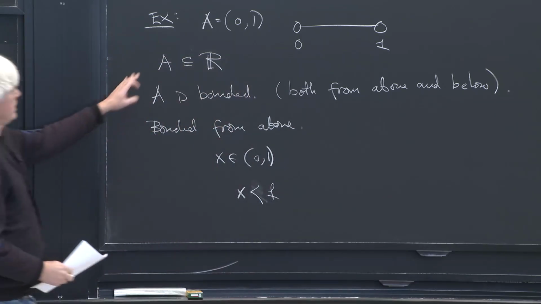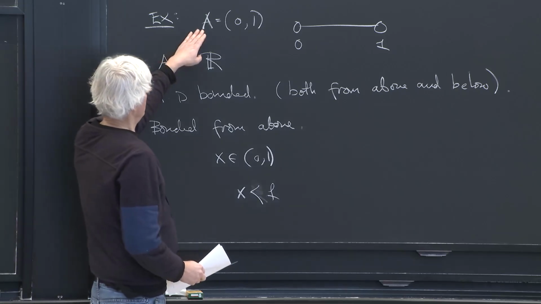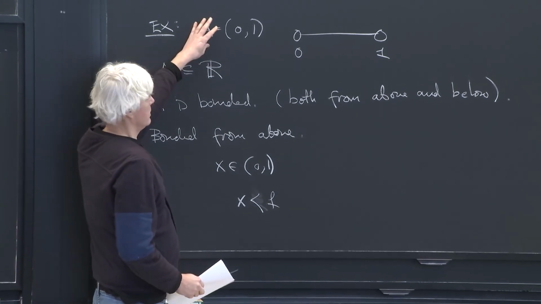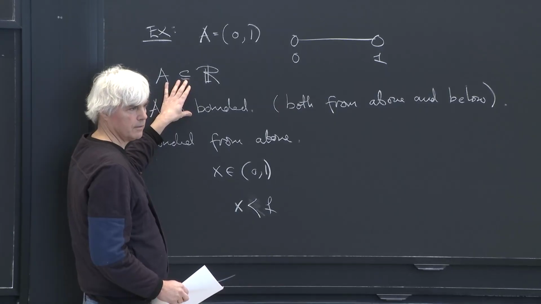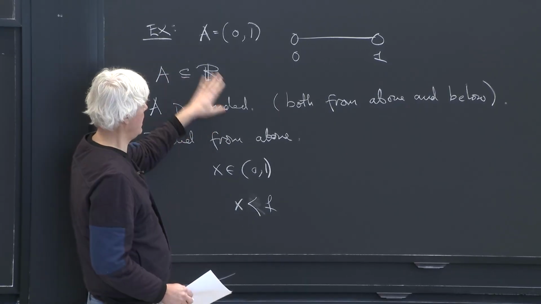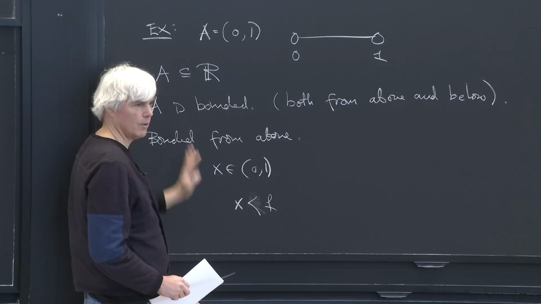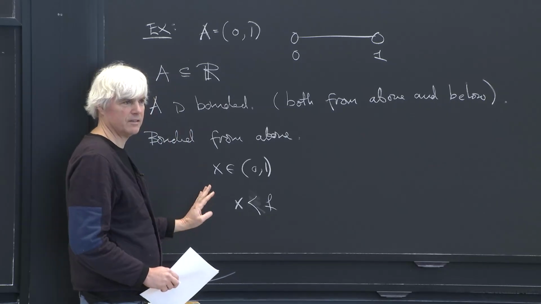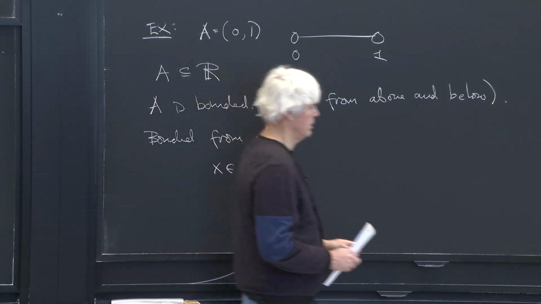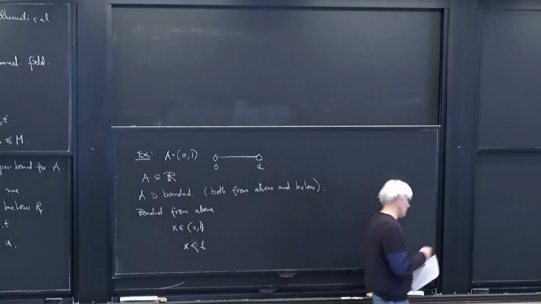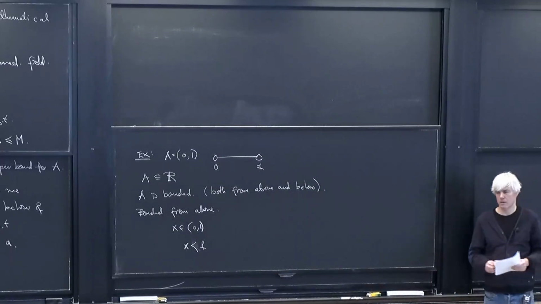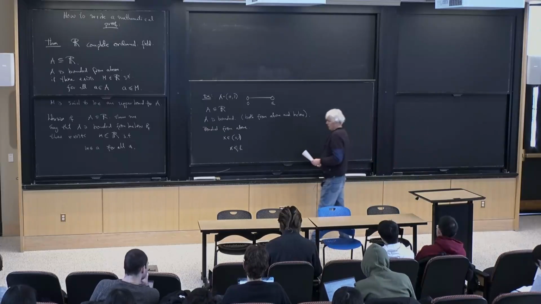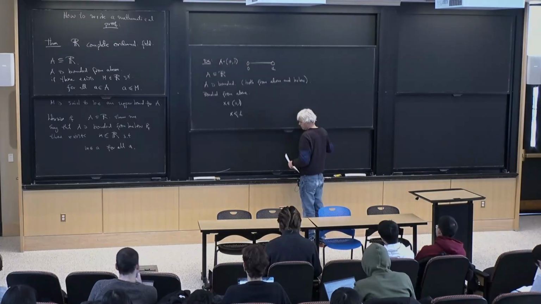But you see, this set here, there is no element in this set that is an upper bound for this set. The upper bound is outside the set, but it is in all of R, and that's fine, right? An upper bound will typically just be in the larger set, and the same with a lower bound.